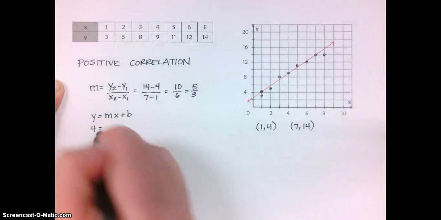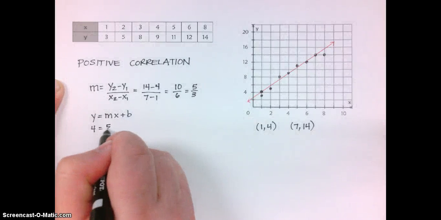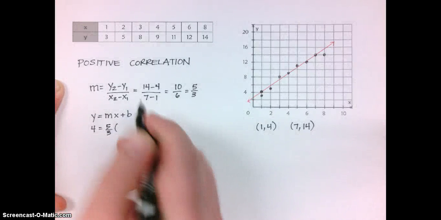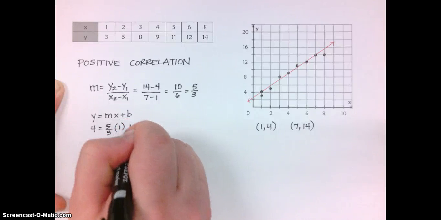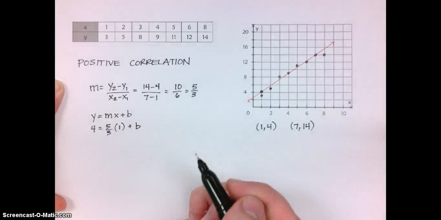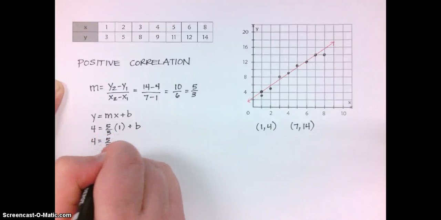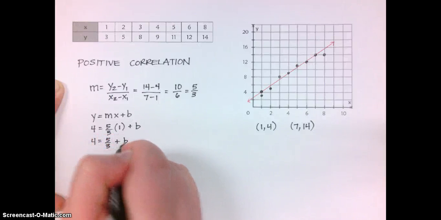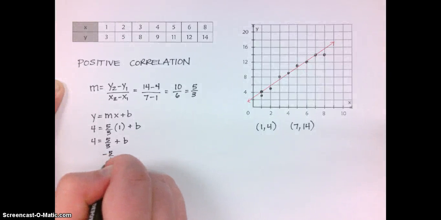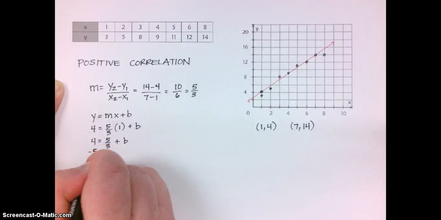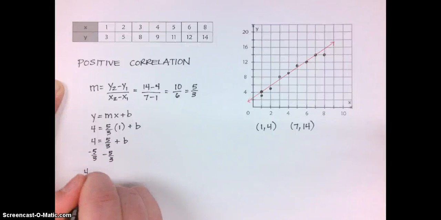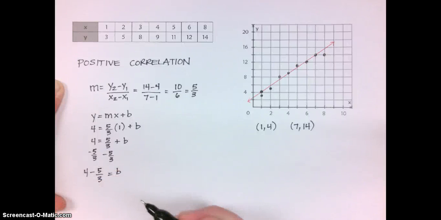So my y is 4, my slope is 5/3. My x-coordinate is 1, and I'm going to add the b. So I have 4 is equal to 5/3 plus b. When I subtract 5/3 on both sides, I have 4 minus 5/3 is equal to b.